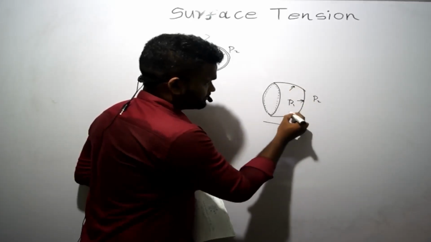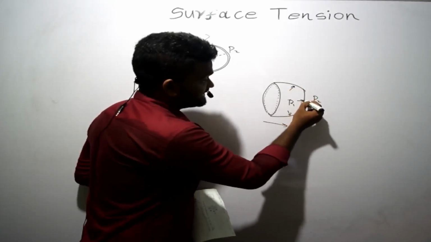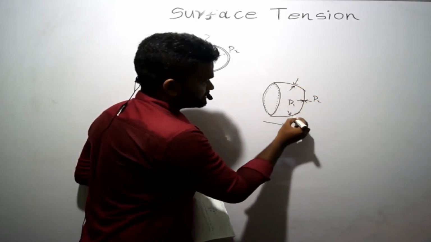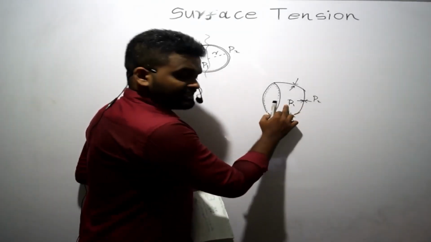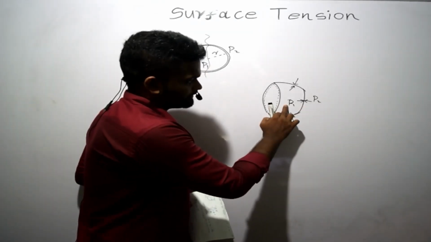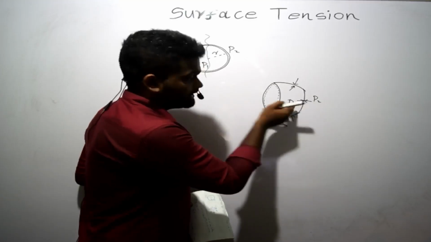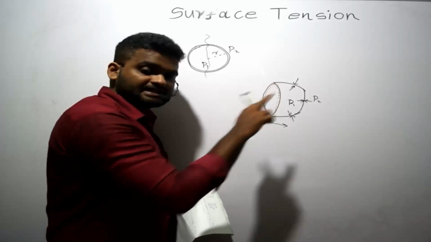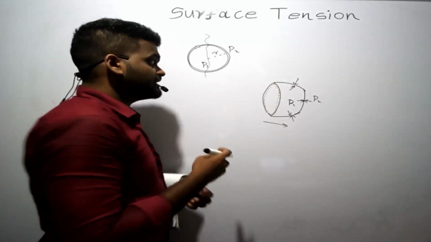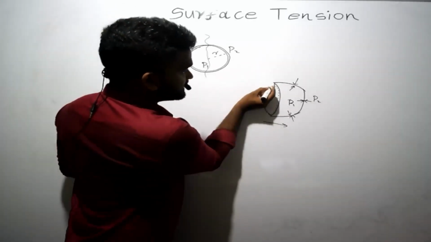So these are the pressure forces, right? These are internal pressure forces and external pressure forces. Since P1 is higher, P2 is lower, there's an unbalanced force to this side. But that unbalanced force is balanced by what? Surface tension.